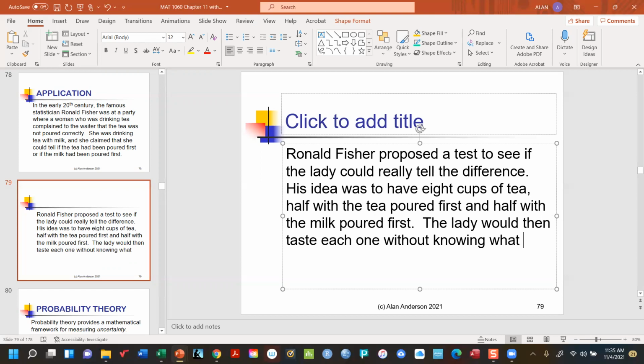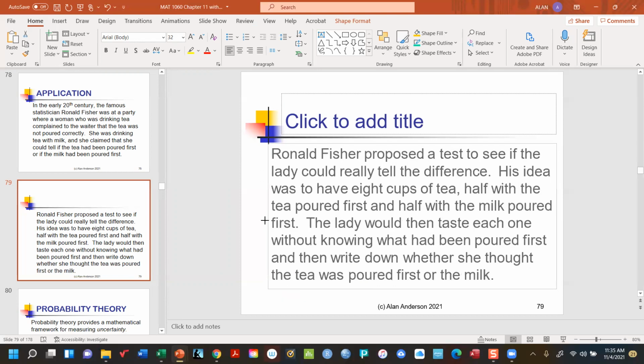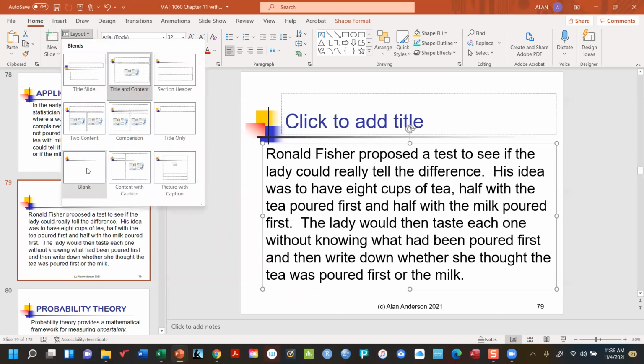In other words, they were going to randomly choose them and give them to her and say, all right, taste each one without knowing what had been poured first. And then write down whether she thought the tea was poured first or the milk. So he's thinking that if she gets a large percentage of them correct, then maybe she does know what she's talking about.